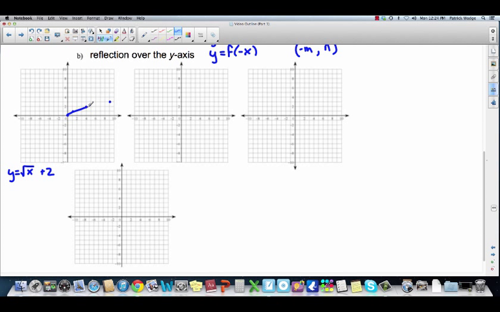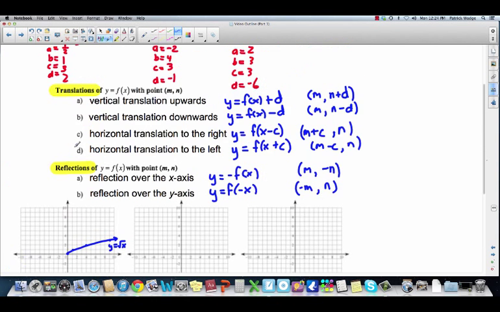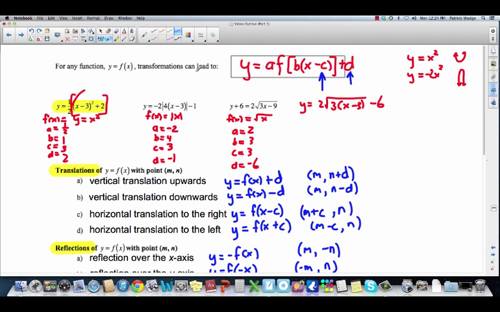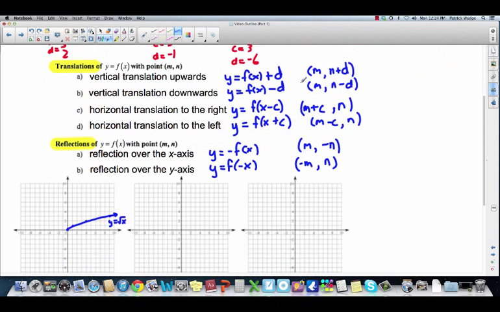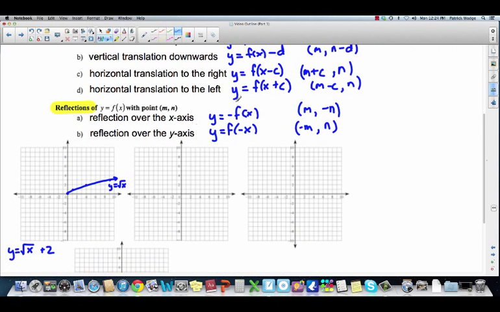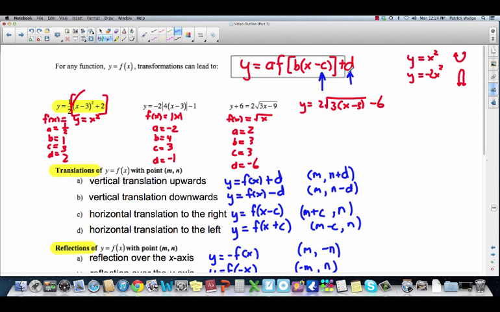There's my mother function. This is y equals root x. Now, this is different. This is y equals root x plus 2. Where's that plus 2 fit into this? That's outside the function. It's not inside the root x, so it's outside the function. Plus d, so it's right there.